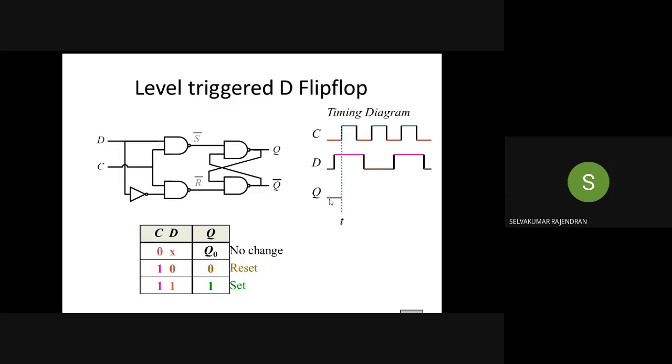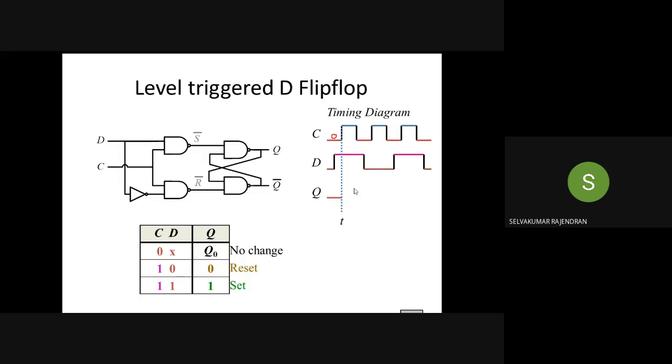Assuming the previous state value is logic 0, Q maintains logic 0 up to this time, because the clock is disabled. When clock is 0, even though the data is varying, that will not be reflected in the output Q.